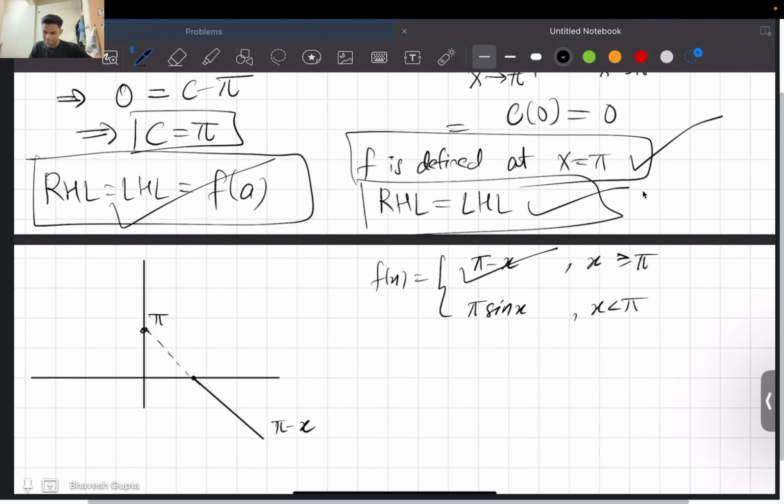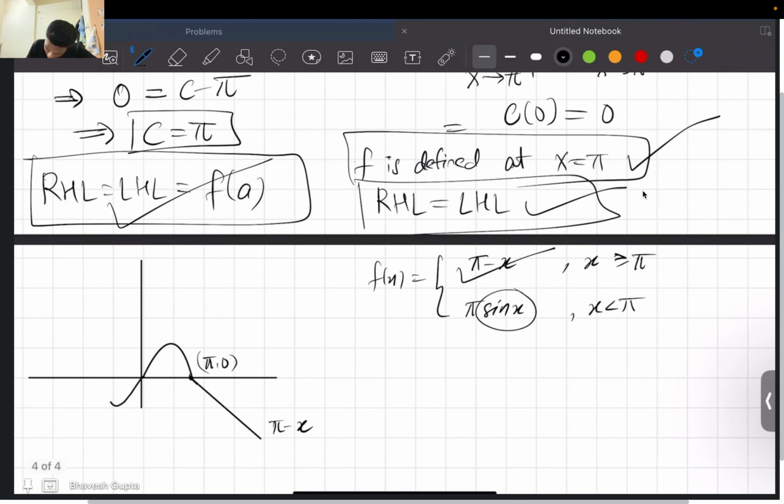So I plotted this. To avoid confusion, this is not the actual point. You can see this is an oscillatory function with an amplitude of pi. And here you have the point pi comma 0. And we know sine makes this kind of a curve, and you can just go on doing this.